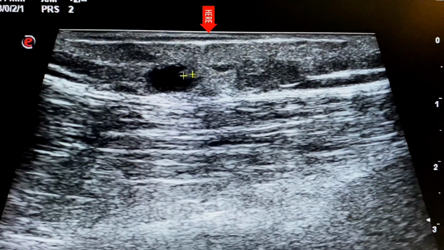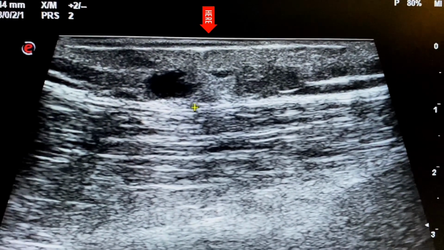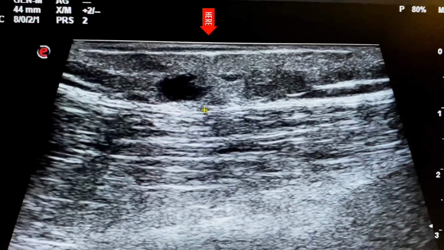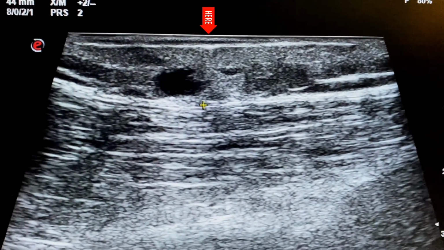Now we will measure the hypertrophied or affected cystic area of soft tissues.